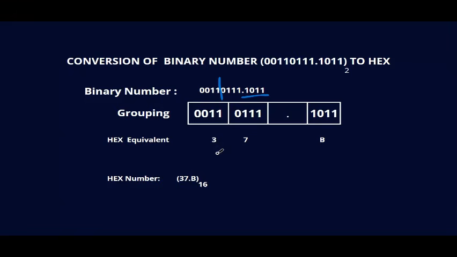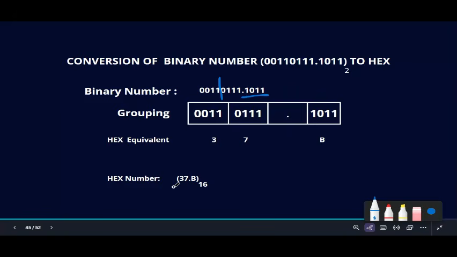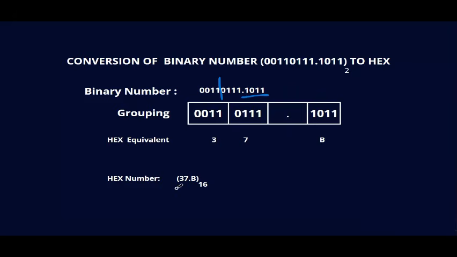From the conversion table, the hex equivalent of this nibble is 3. For this, it is 7 and B. Joining all these together, you get the hex number as 37 point B.